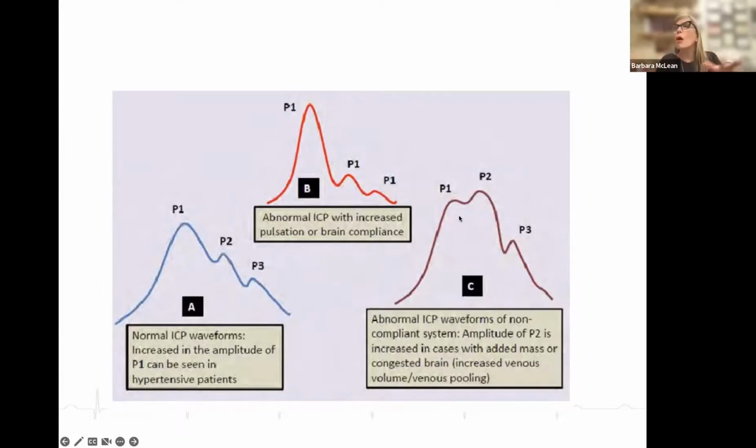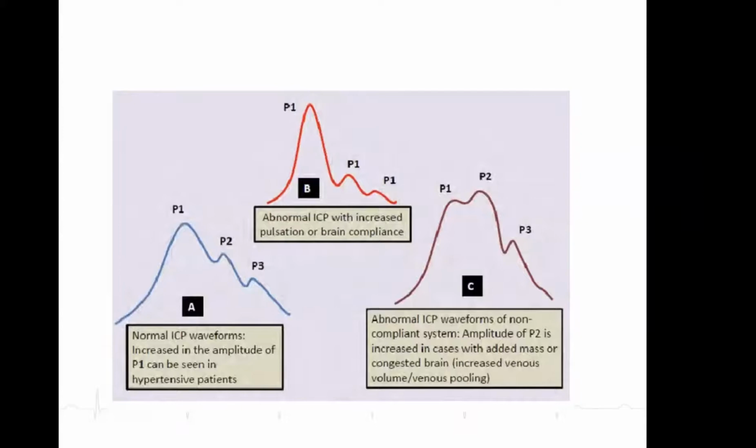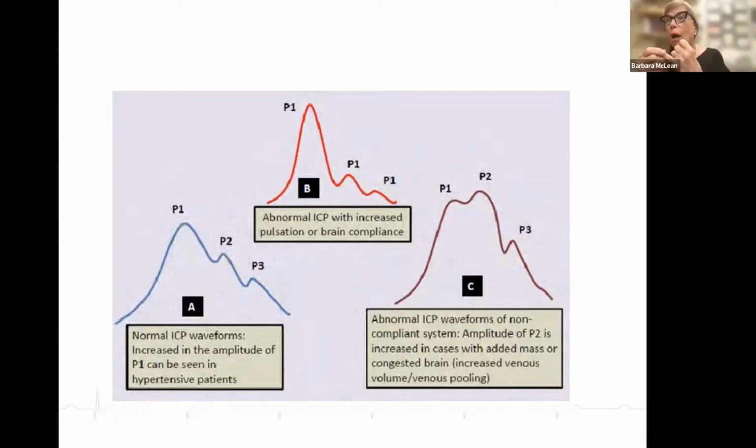So whether you know the names of the waves or you can even explain them, there's just 3 fluctuations in your ICP: P1, P2, P3. P1 is when your heart ejects volume during systole and the systolic impetus of volume that goes up into the cranial vault elicits P1.